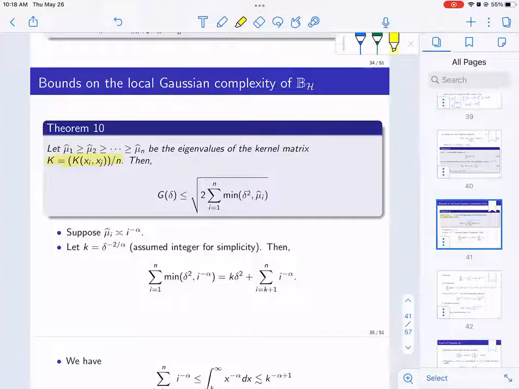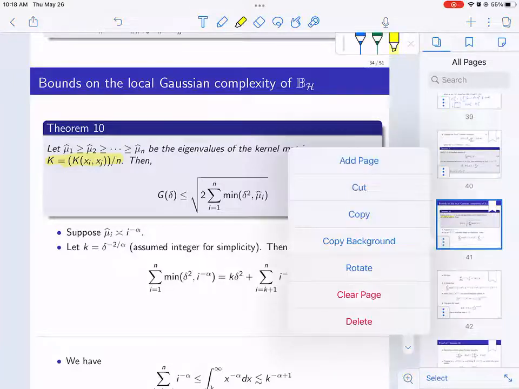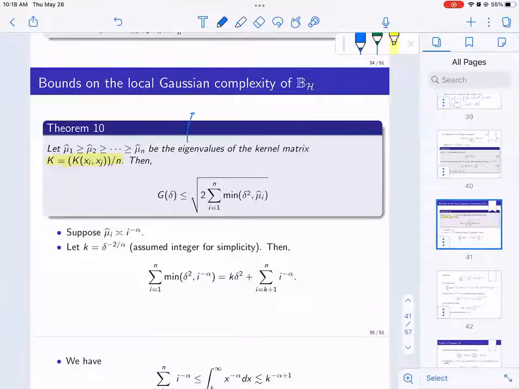So for example, the decay of this would be like j to the -2 roughly for the Sobolev one. And then these eigenvalues, let's call them the empirical eigenvalues, expected to converge to mu j.